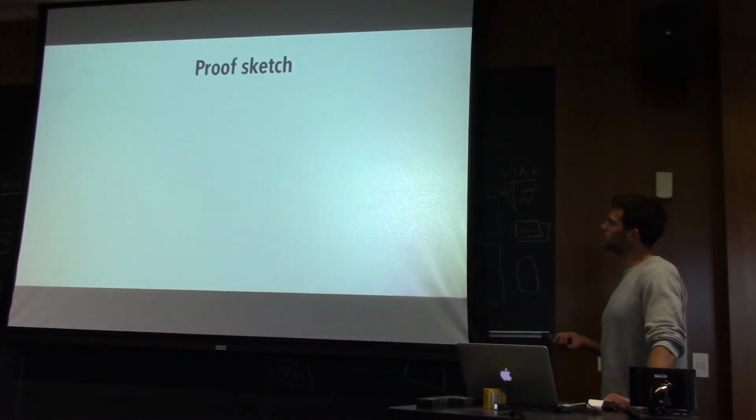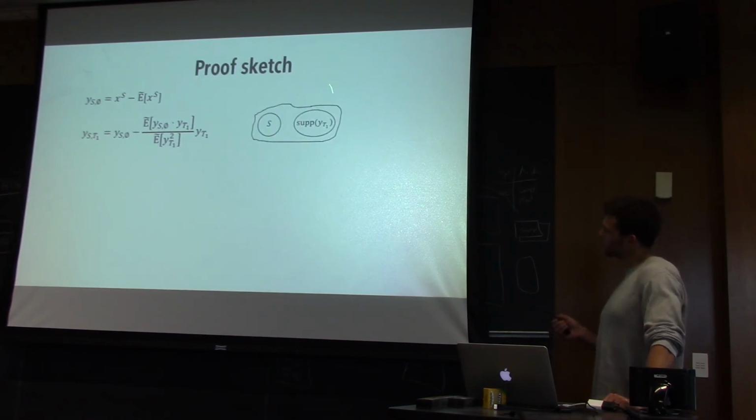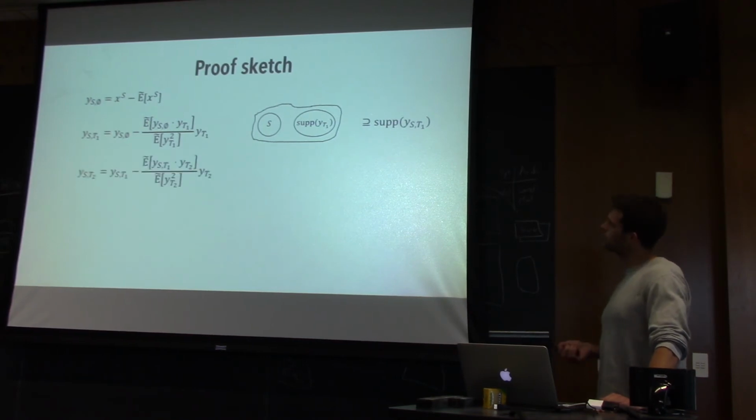So I drew a picture that's probably not very helpful. You're doing Gram-Schmidt, and you say, aha, I did a step, and it turns out there's this T1 which has some correlation with Y, it's not 0, and so I have to account for that. I can find some set witnessing that contains S, in case the support of Y sub T1, and it has the property that the support of this whole thing is contained in that, and expansion is not so hot. Okay, so then I do it again, and now I look at the next one, T2.